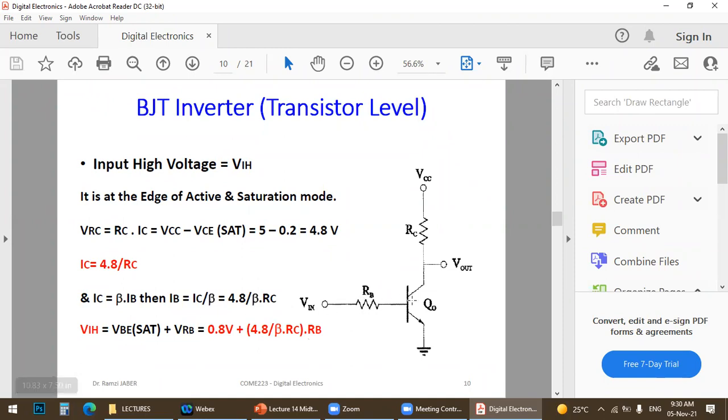So V input high equals V RB, the voltage on resistor RB, plus VBE.